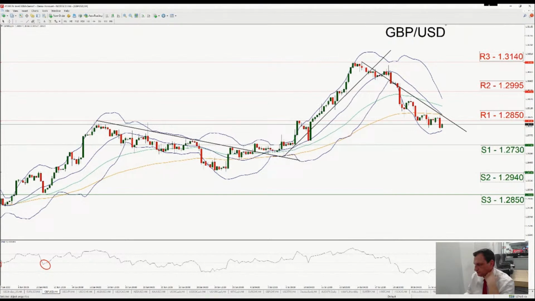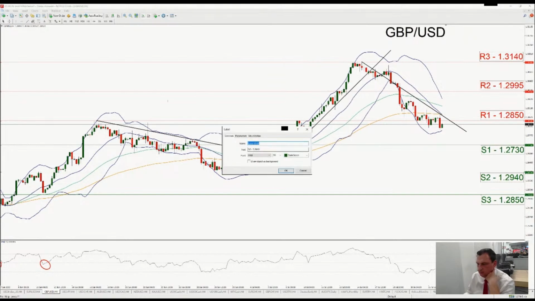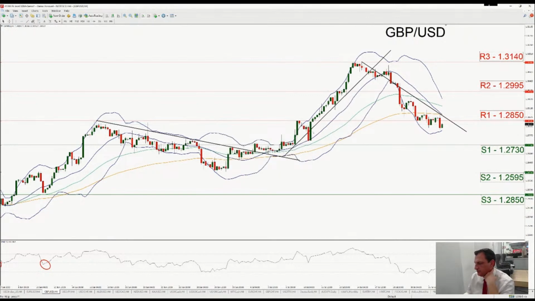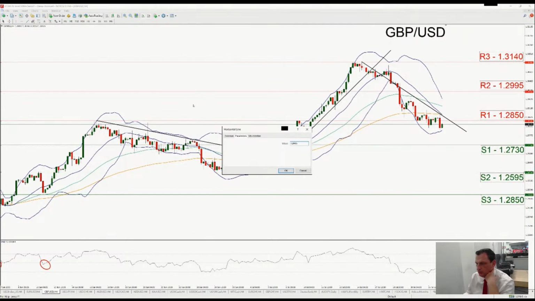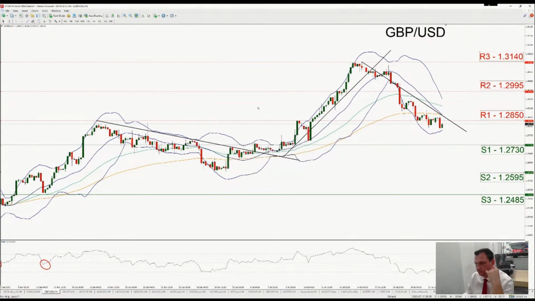The S2 at 1.2595. And the S3 at 1.2485. Let's lock everything in. Here it is.